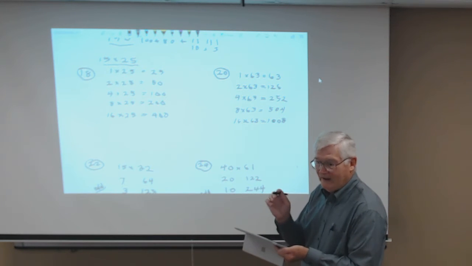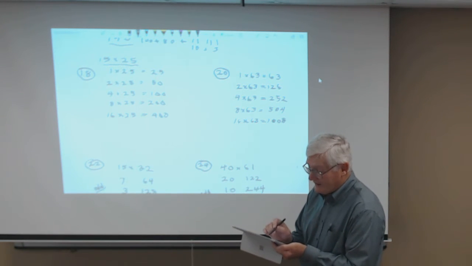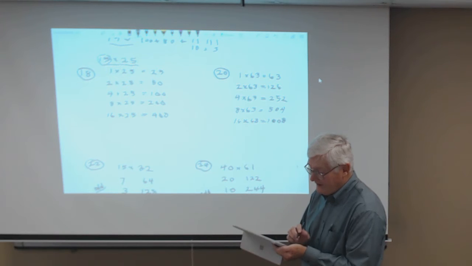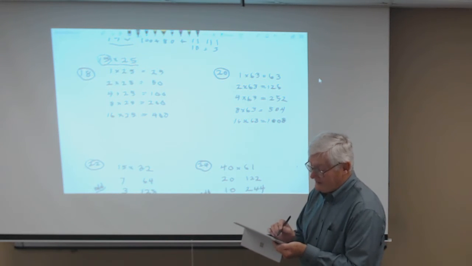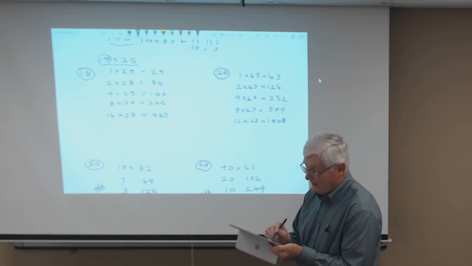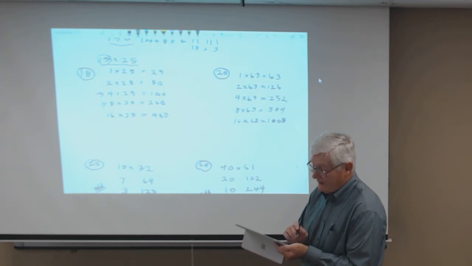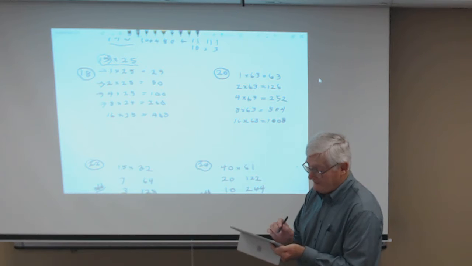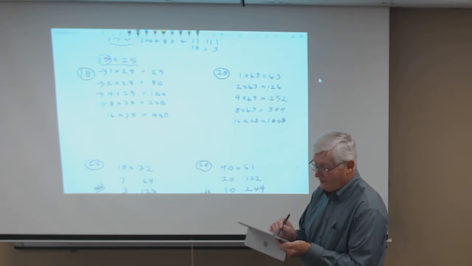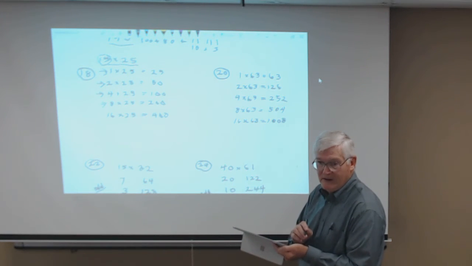Now, all I need to do is figure out how to get 15 out of these numbers. Well, 16's no good. So I use, what, 8? And 4 would be what? 12? And 13, 14, and 1 more would be 15. Now you see how 8 and 4 and 2 and 1 add up to 15?